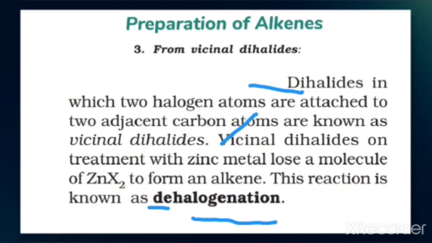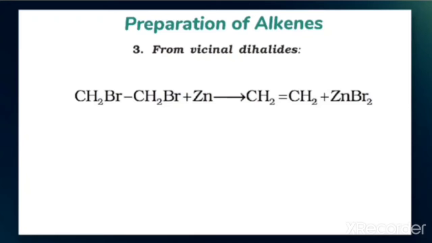That means removal of X2 from the vicinal dihalide. This is an example of a dehalogenation reaction. This one is a vicinal dihalide because the two Br groups are attached to adjacent carbons.